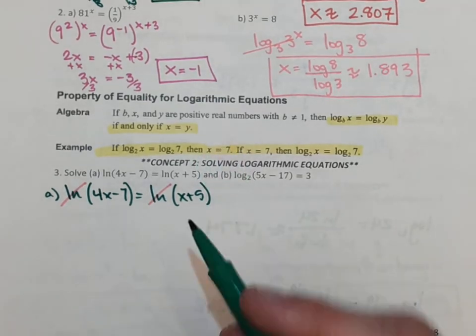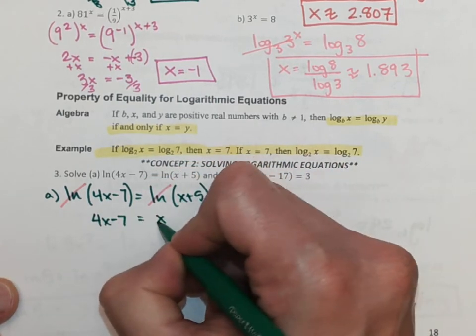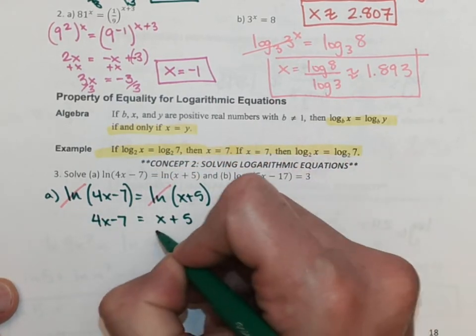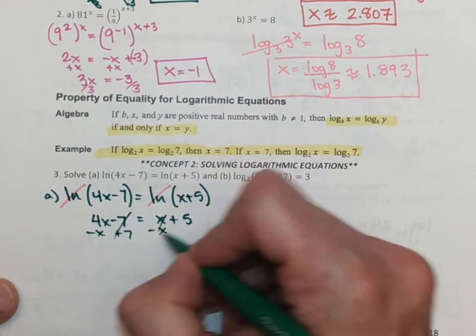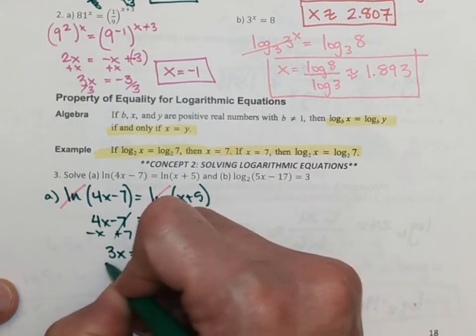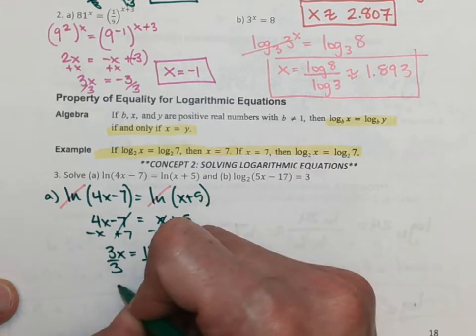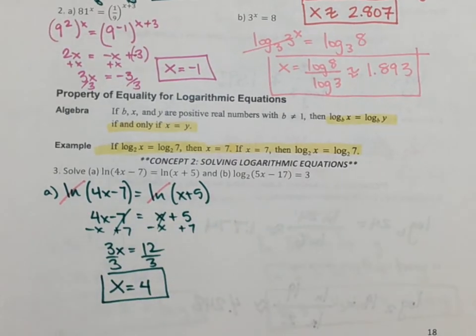So here I have 4x minus 7 equals x plus 5. Subtract x from both sides, add 7 to both sides. I get 3x equals 12, divide by 3. x equals 4. Voila. Done.